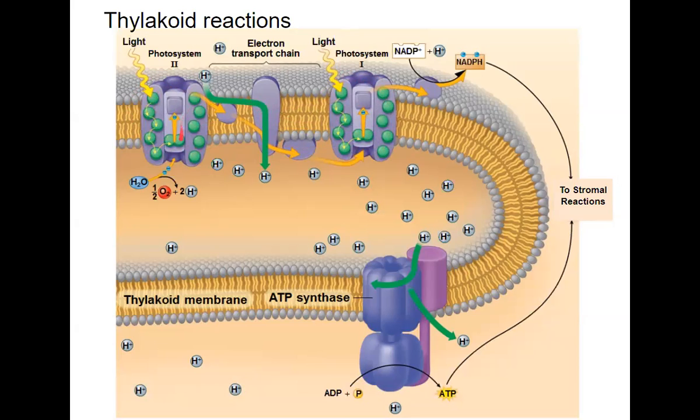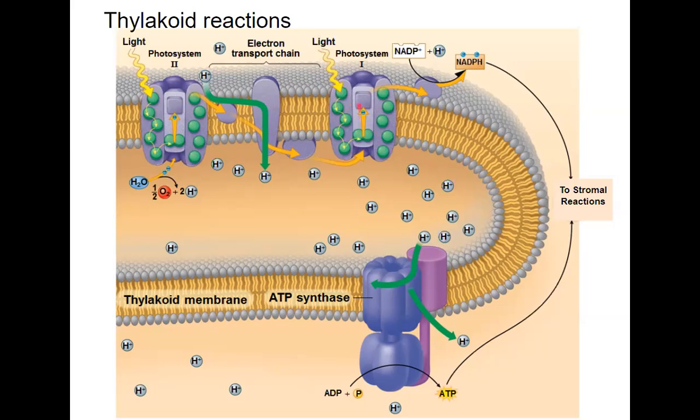Now what we're going to do is excite the electrons from the reaction center. We're going to grab it with an electron acceptor and pass it down an electron transport chain until it reaches photosystem 1. We're going to give that electron to photosystem 1 where it is re-energized by light.